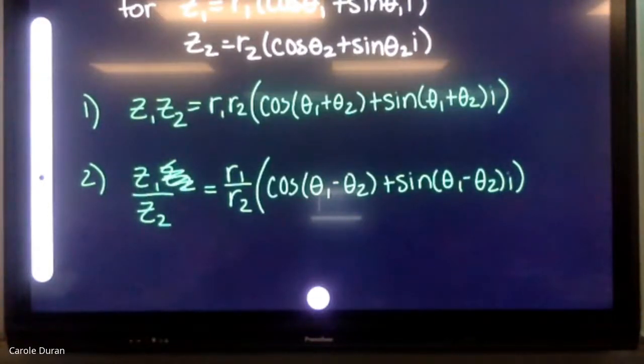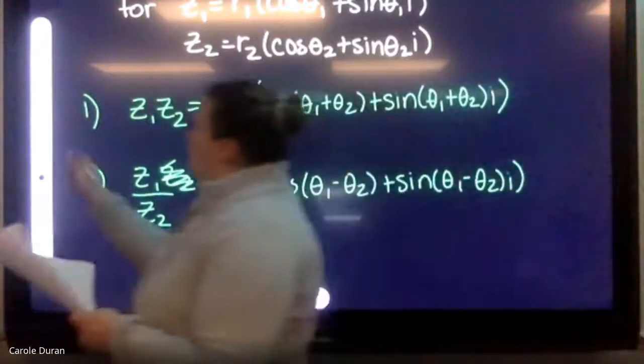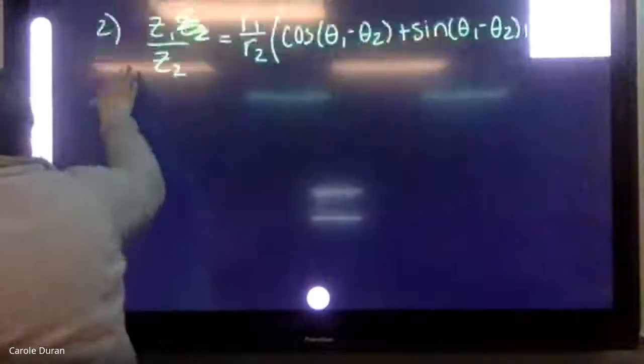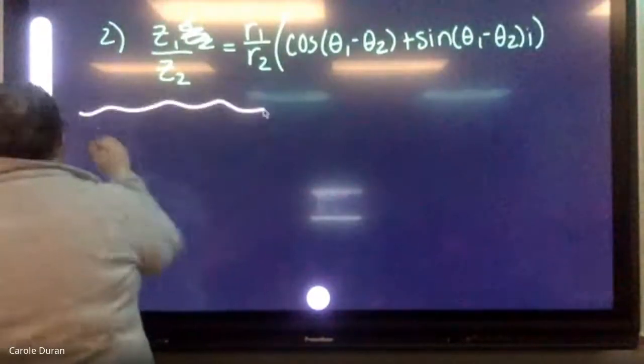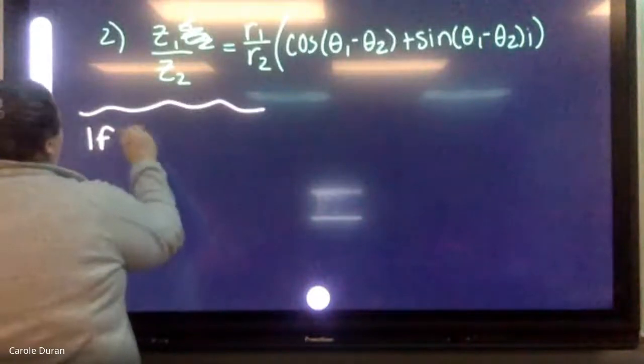So let's do one with actual numbers. The first example will be multiplication. The second example will be division.